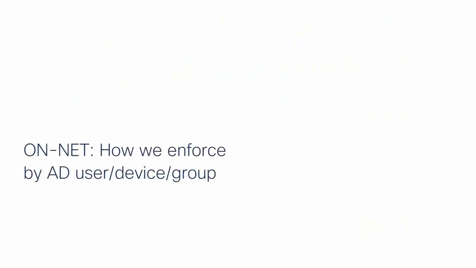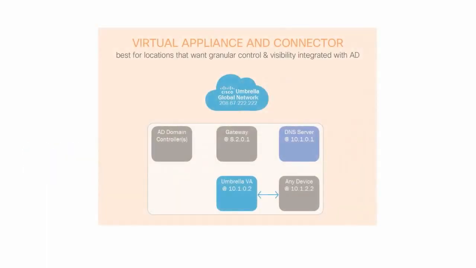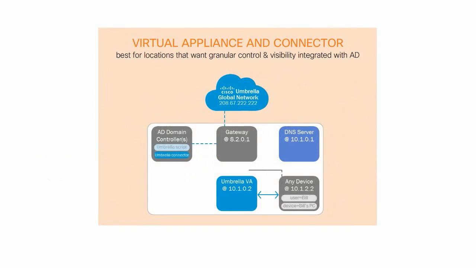So now that we have a local presence, we can also integrate with Active Directory to enforce by various AD objects. By running a one-time script on all domain controllers, they are registered with our cloud service. And then, on just one domain controller or member, we install our connector service, which performs two tasks.